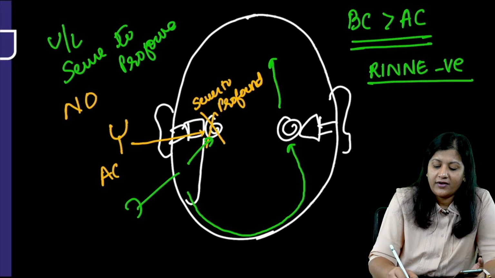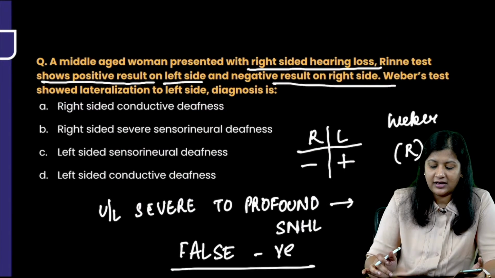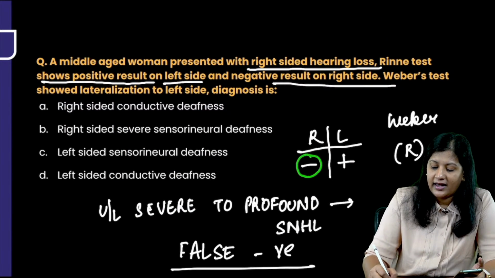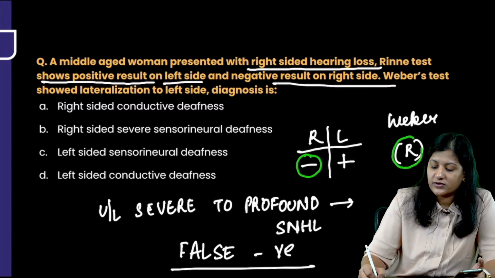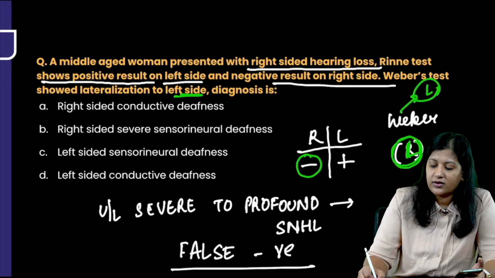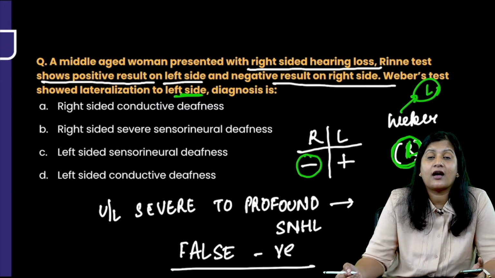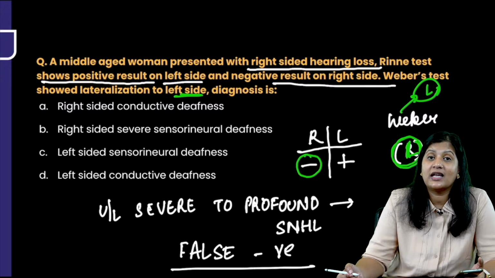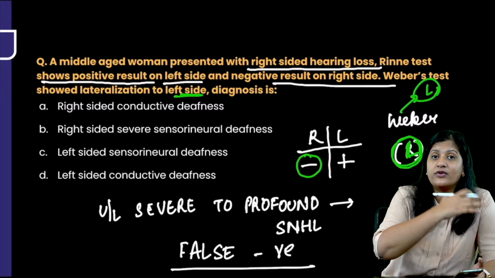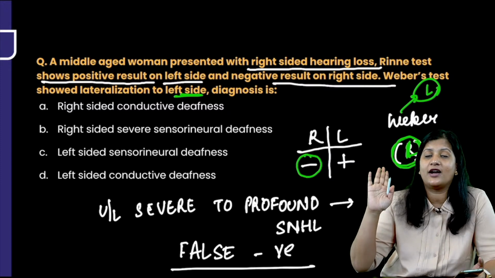So here when we say severe to profound SN loss, Rinne will be negative on the right side and Weber will go towards the opposite side. So Weber going to the left is mentioned in the question. So when the Weber is going to the left side, you must think about severe to profound sensory neural hearing loss, because the hearing loss is on the right side, opposite side is sensory neural, same side will be conductive.